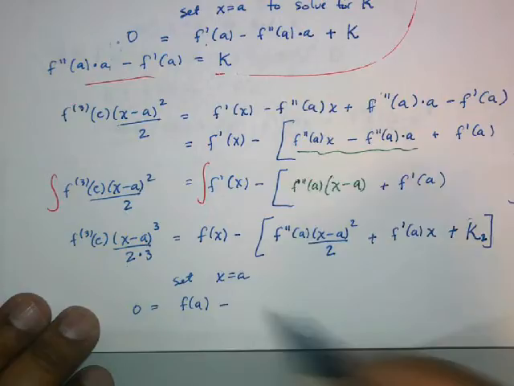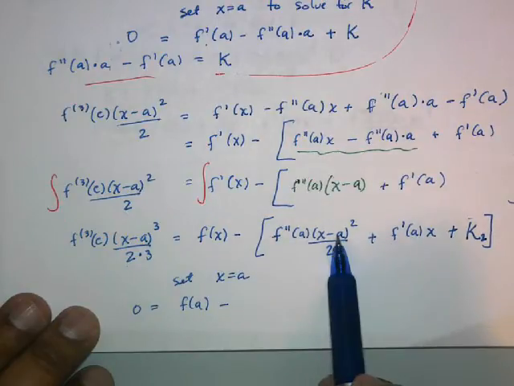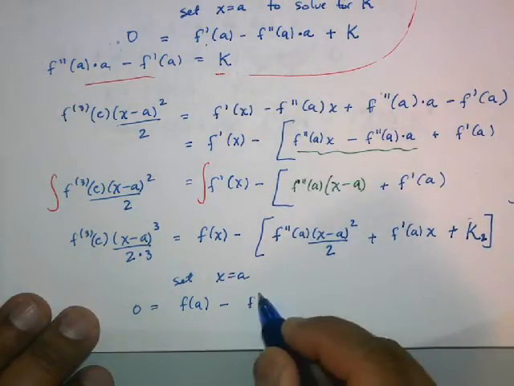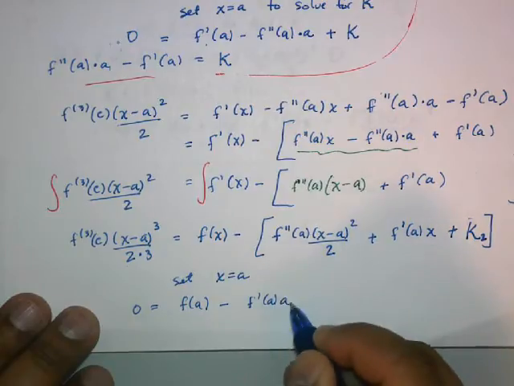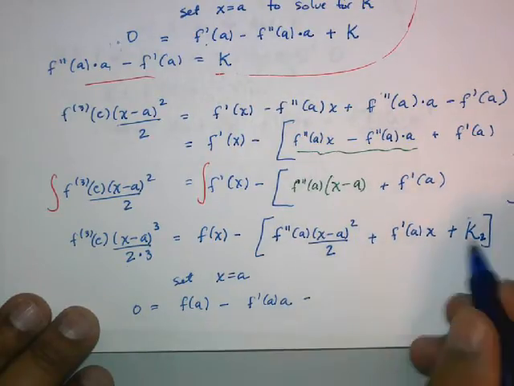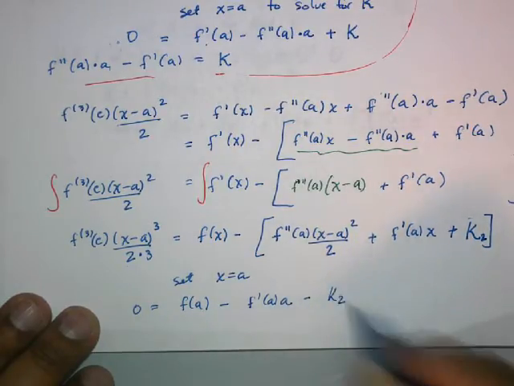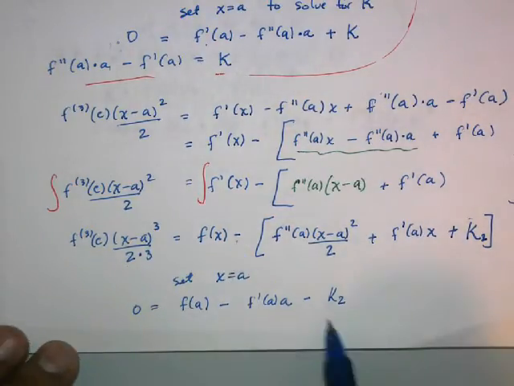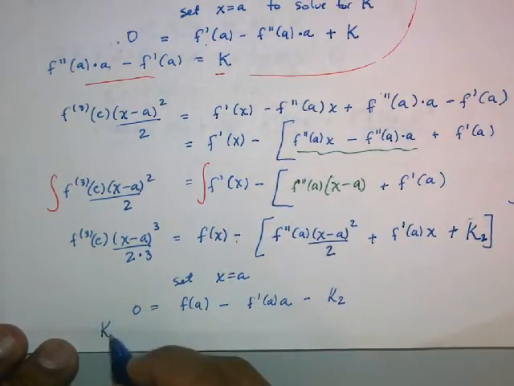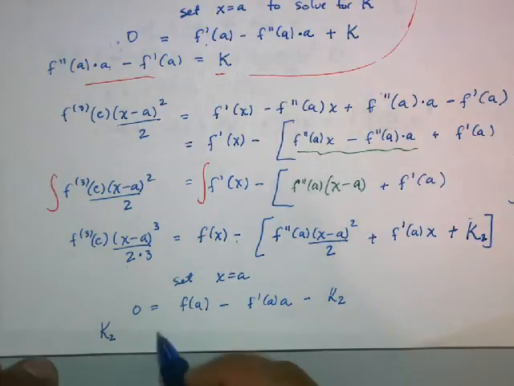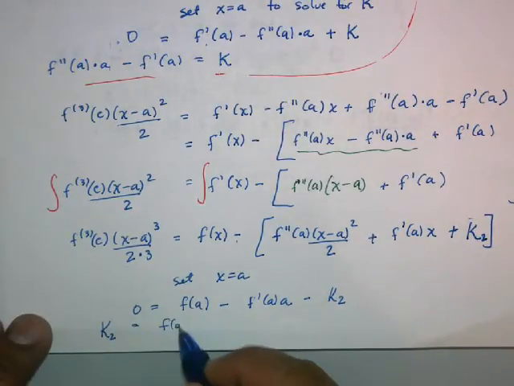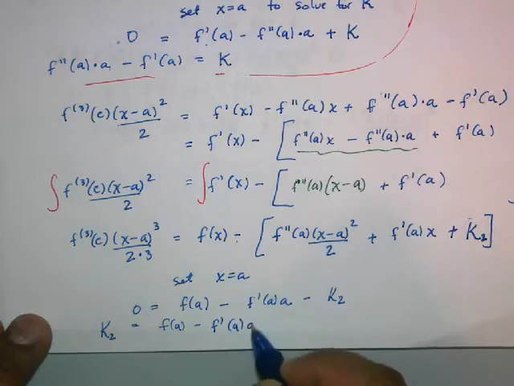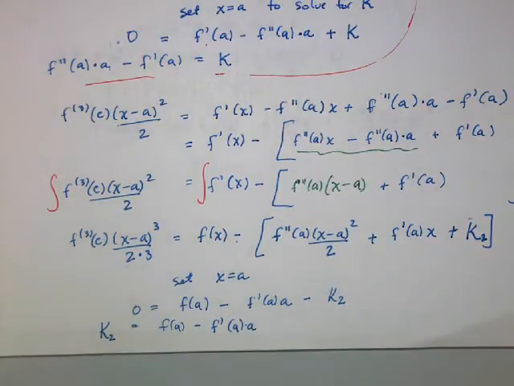I get f of a minus, I get 0 for all of this, and this is going to give me f prime of a times a minus k2, because I'm distributing this negative sign here. So move k2 to the other side, and I get that k2 is in fact equal to f of a minus f prime of a times a.